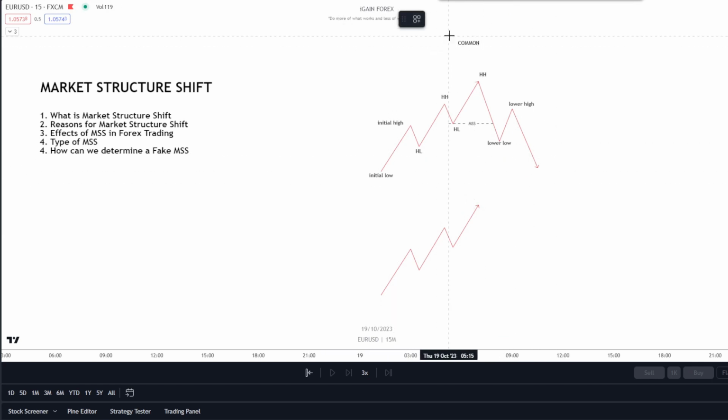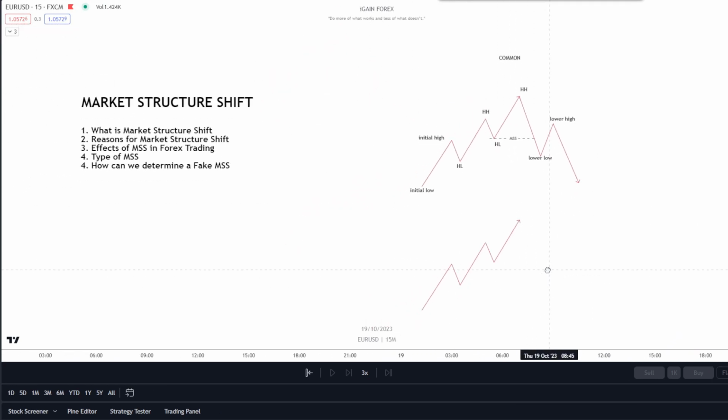This internal market structure shift happens like this one. Let's just put it this way. Remove this, then let's remove this one.